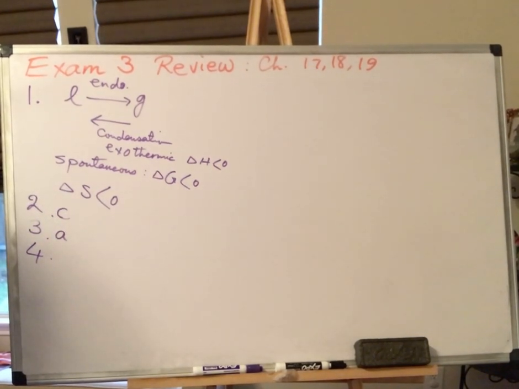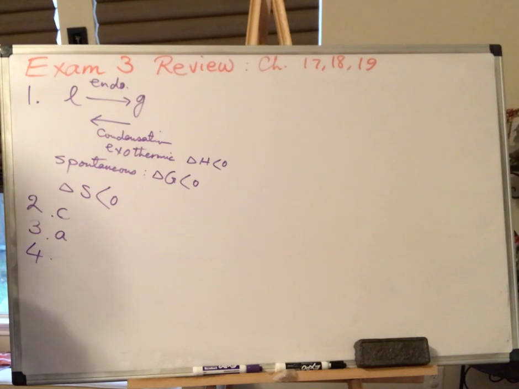for which of the following processes would delta S be expected to be most positive? When we say most positive, we need to look for the maximum difference between the S of the molecules.